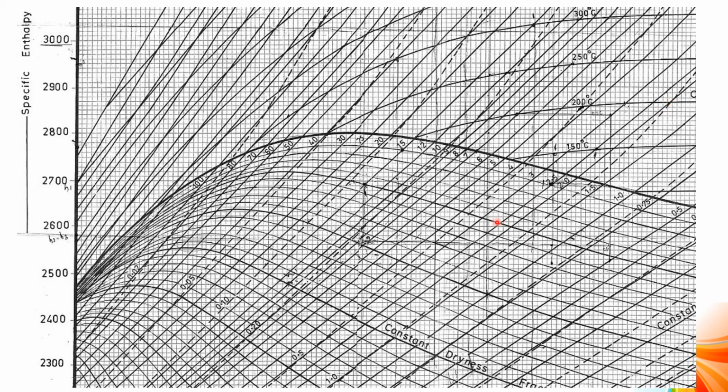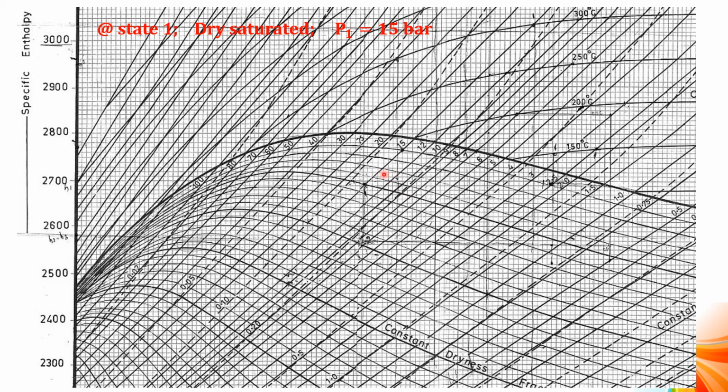The curves perpendicular to the saturation line are known as constant pressure curves. The curves parallel to the saturation line are known as constant dryness fraction curves. So in our problem, at state 1, the steam is dry saturated and at a pressure of 15 bar.